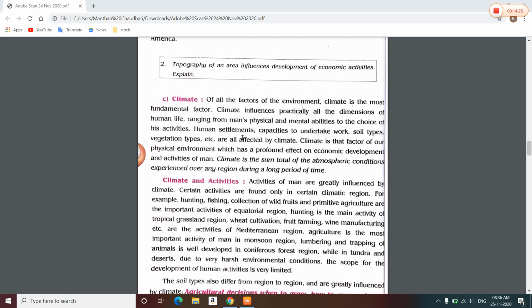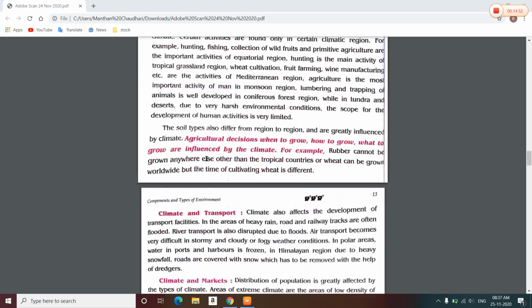For example, Mumbai, Vadodara, Ahmednagar, Bhiwandi. In these areas, cotton textile industries and looms are well developed because those areas have a humid climate. So climate is one of the important factors of natural environment which affects economic activities of man.